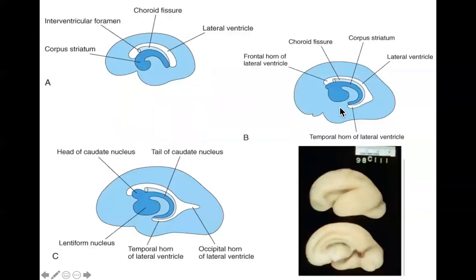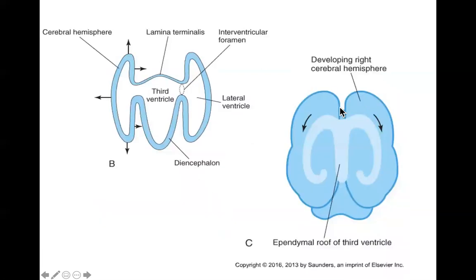Now during week 7, I'm jumping ahead of myself here. During week 7, the telencephalic choroid plexus forms, and the mechanism of how the choroid plexus in the lateral ventricles forms is really similar to the mechanism in the fourth ventricle. You have thin spots in the pia mater, and at those thin points, the pia mater proliferates and invaginates into the cavity, since that's the only place for it to go.